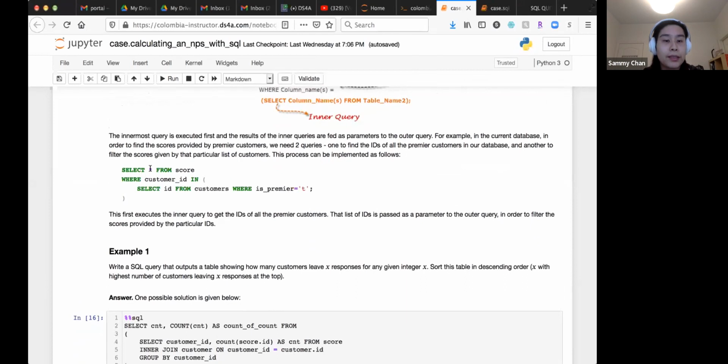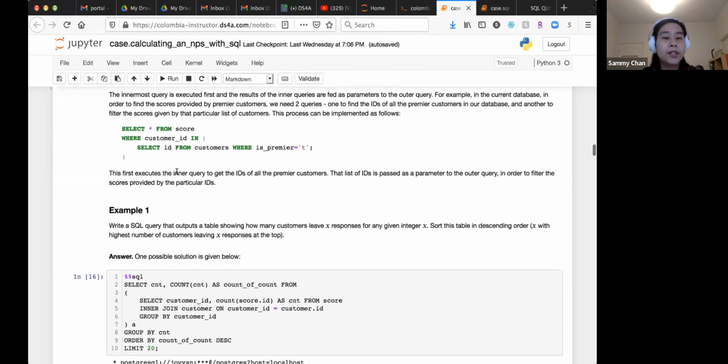For example, this example selects all the premier customers in the subquery, and then we select everything from the score table with a condition that requires all the customers to be premier customers.